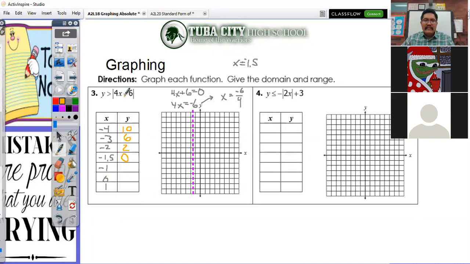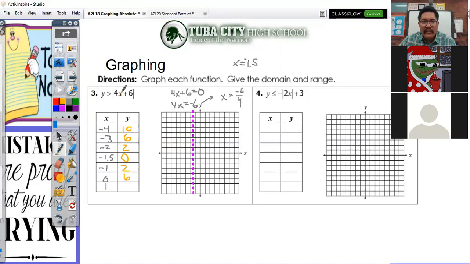Negative 1, so let's see, negative 4 plus 6. That would be the same as 6 minus 4, which is 2. Okay. And then 0 times 4, anything times 0 is going to be 0. 0 plus 6 is 6.